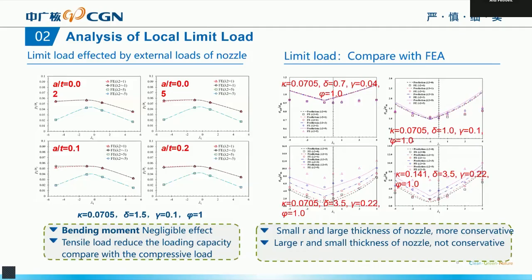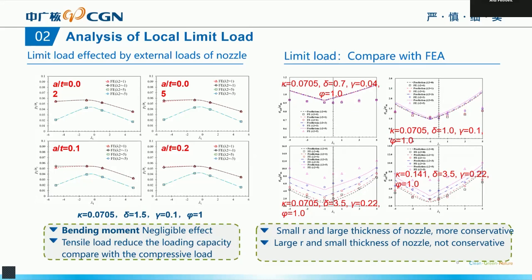This is the result of the limit load affected by the external loads on the nozzle. It shows the bending moment has a negligible effect, and the tensile load reduces the loading capacity compared with the compressive loads.